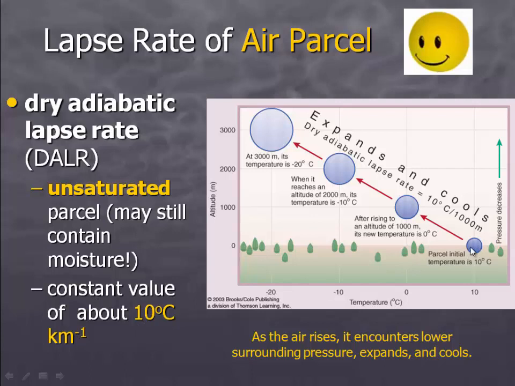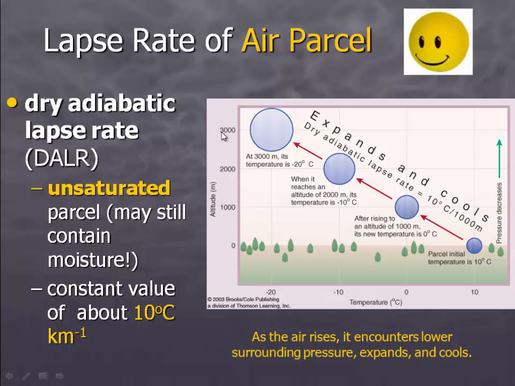So if I were to start here at the surface with Wally, a parcel of air, at 10 degrees Celsius, the x-axis is temperature, the y-axis is altitude, increasing as we go up. If we were to take Wally and lift him 1 kilometer upwards, Wally would cool at a rate of 10. So I go from 10 to 0, subtract another 10, subtract another 10.